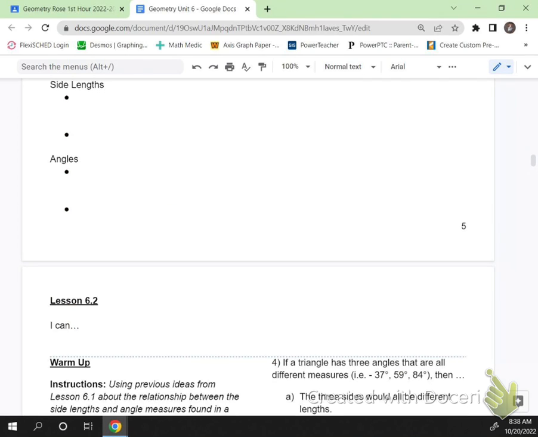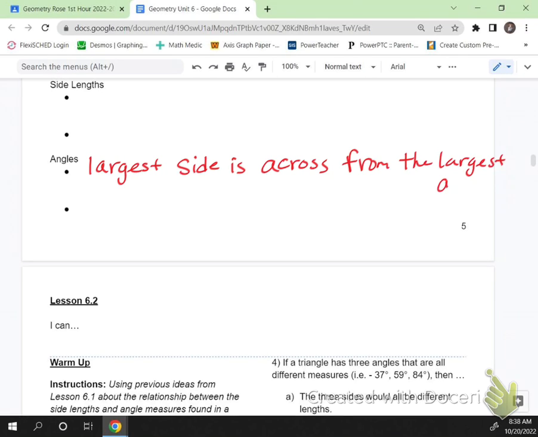The angles. The largest side is across from what? Yep, the largest angle. The smallest side is across from the smallest angle.